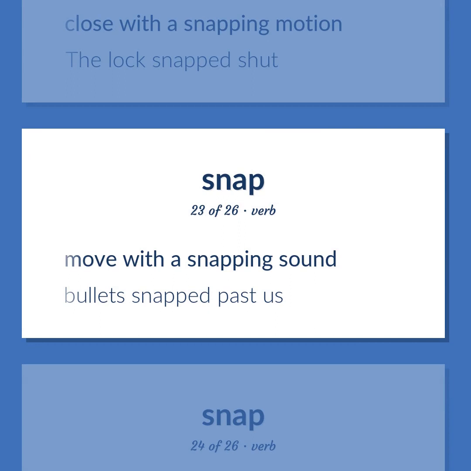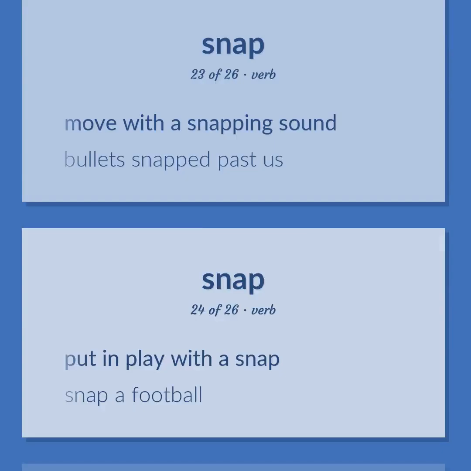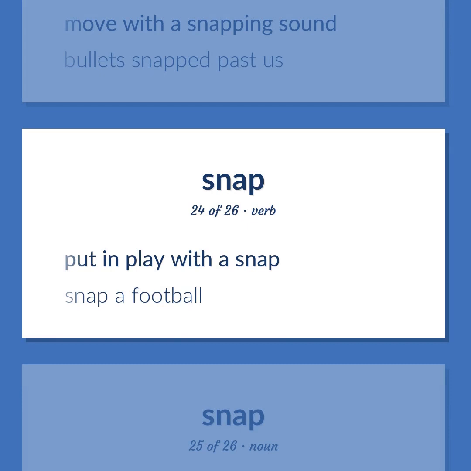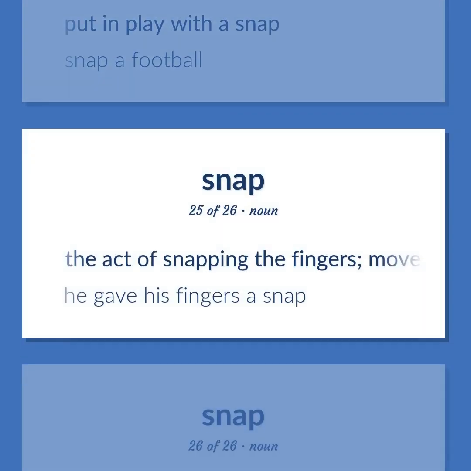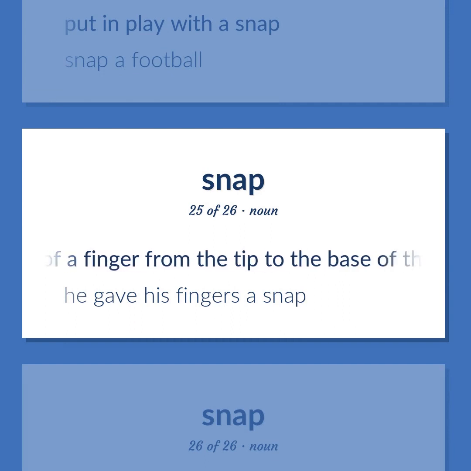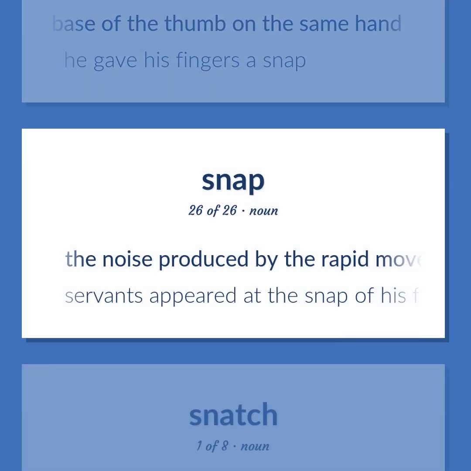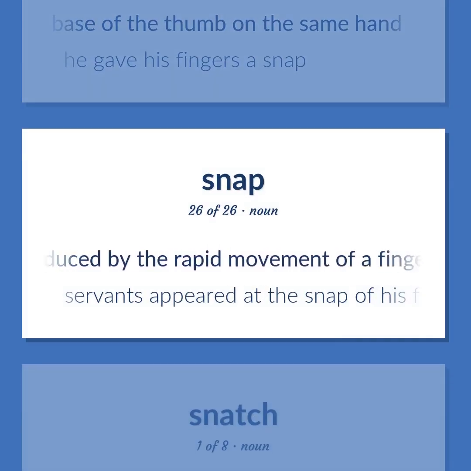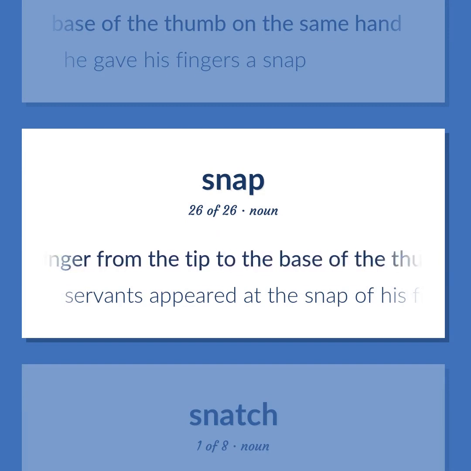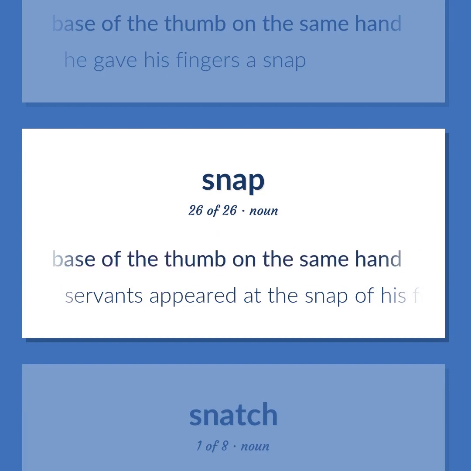Move with a snapping sound. Bullets snapped past us. Put in play with a snap. Snap a football. The act of snapping the fingers. Movement of a finger from the tip to the base of the thumb on the same hand. He gave his fingers a snap. The noise produced by the rapid movement of a finger from the tip to the base of the thumb on the same hand. Servants appeared at the snap of his fingers.